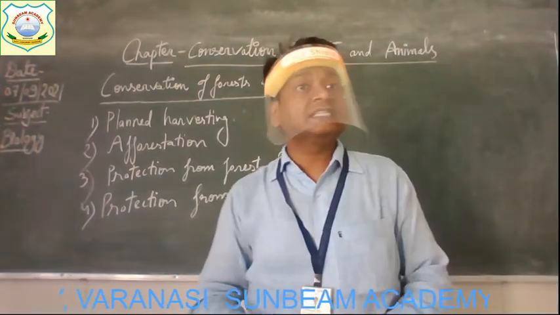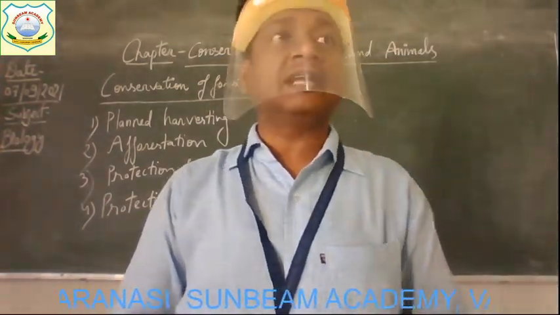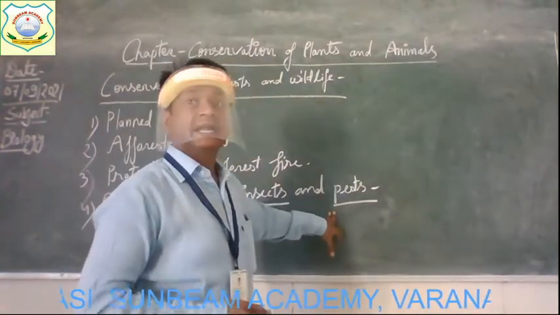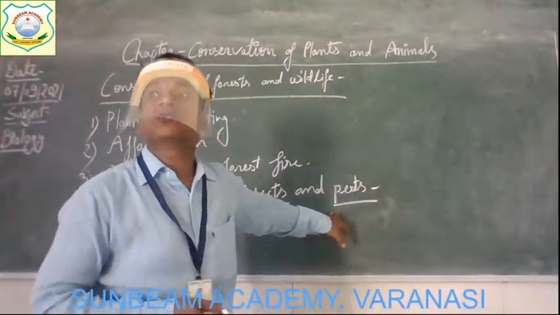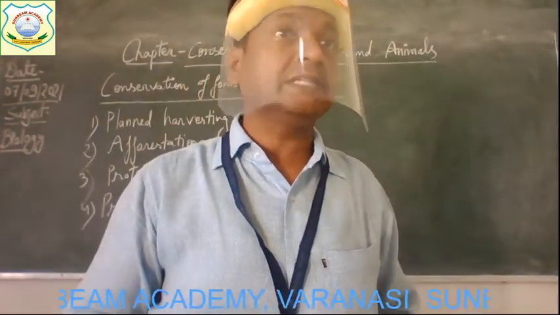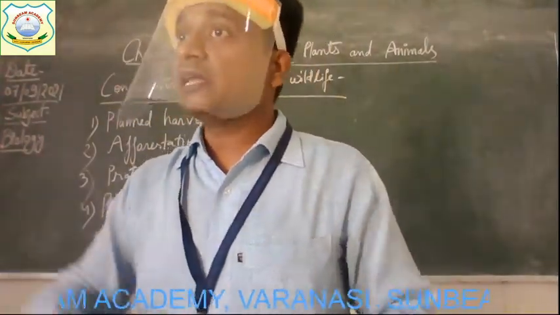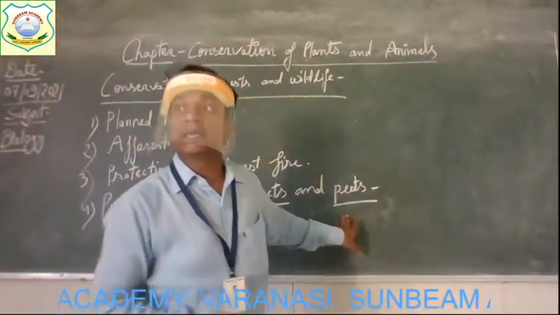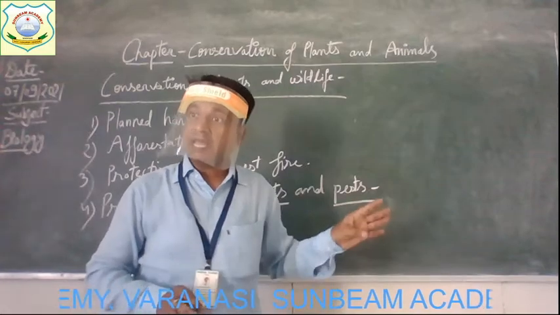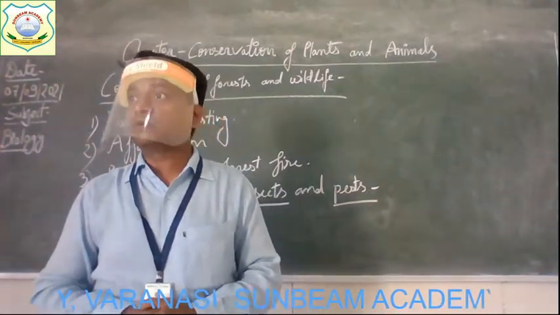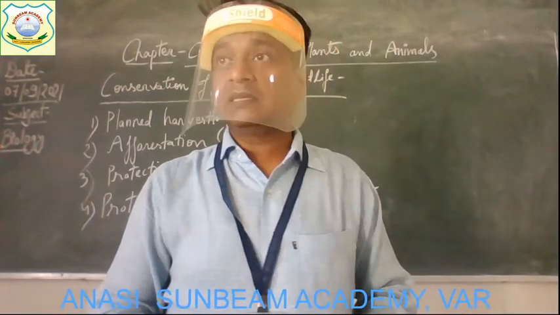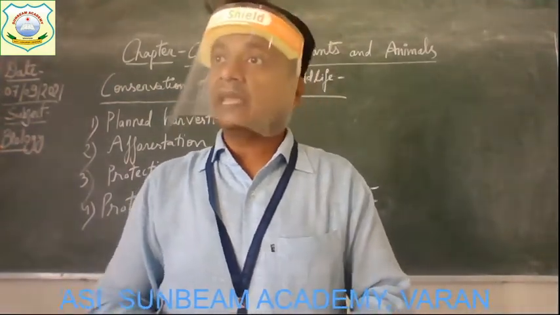Because there are different varieties of insects, and different kinds of pests, that is microorganisms. It may be fungi, it may be bacteria, it may be viruses. They are all together termed as pests, which are harmful for plants as well as for animals, because they are responsible for causing different kinds of diseases in plants as well as in animals.